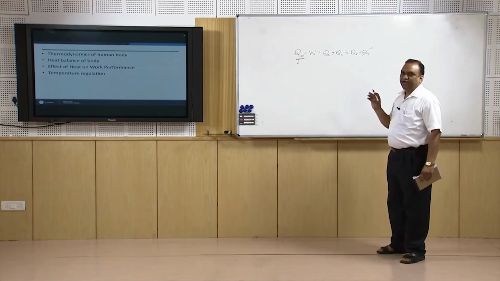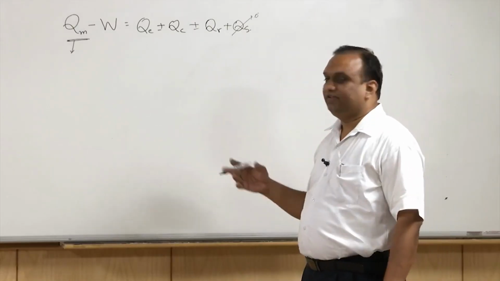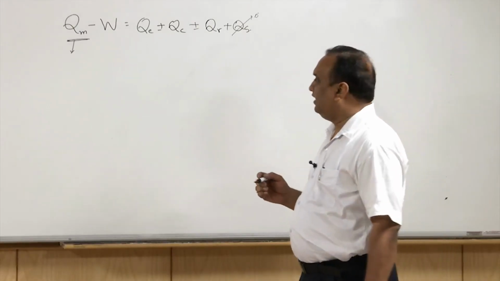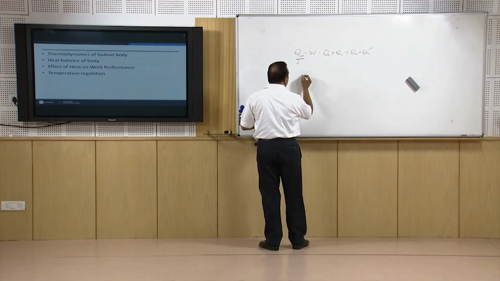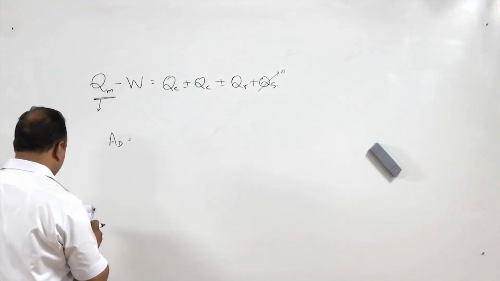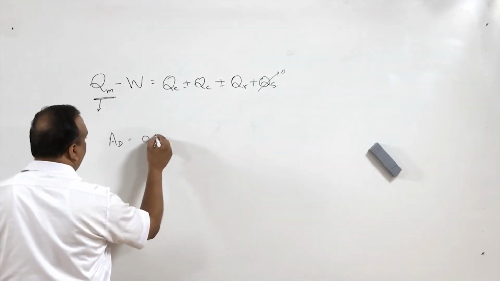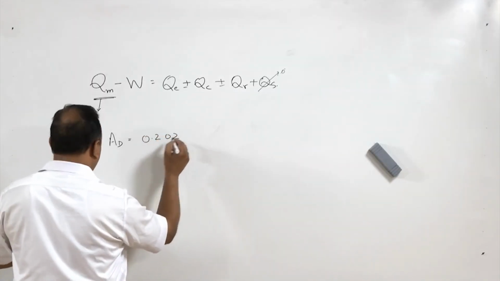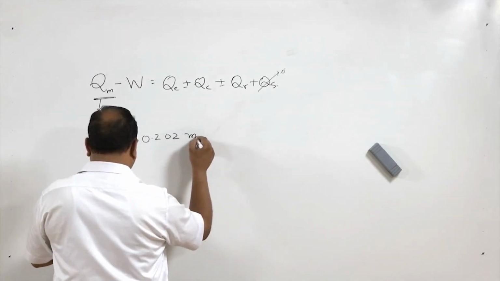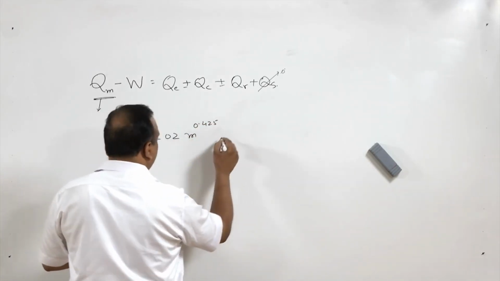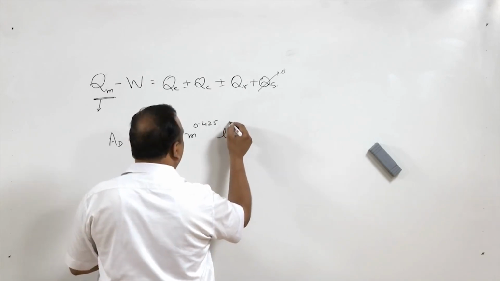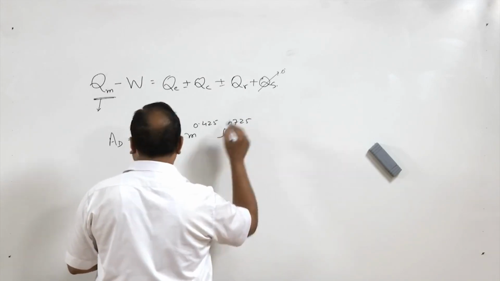It is very difficult to predict, but many samples were taken, and a generalized correlation for body surface area, that is AD, is equal to 0.202 times mass in kg to the power 0.425, and this is height in meters to the power 0.725.